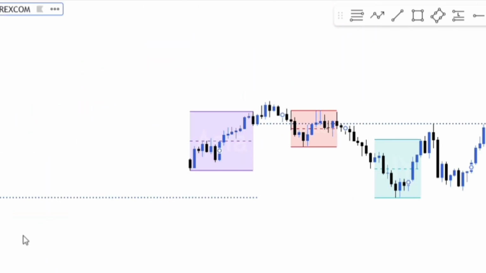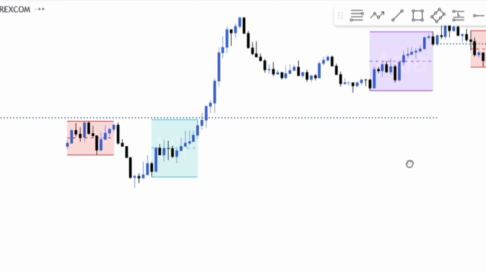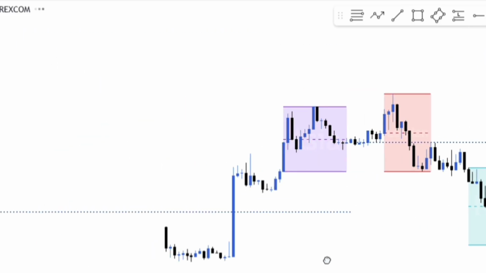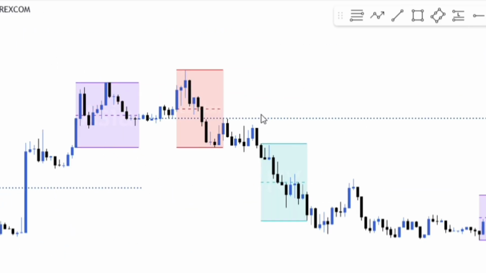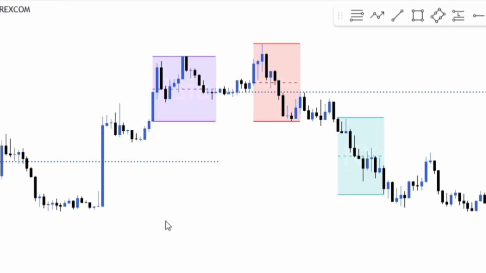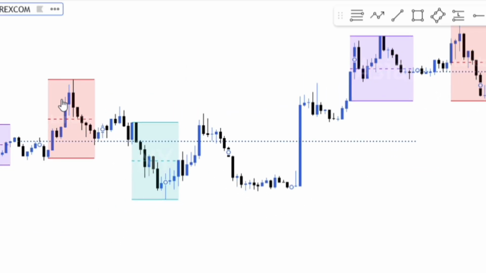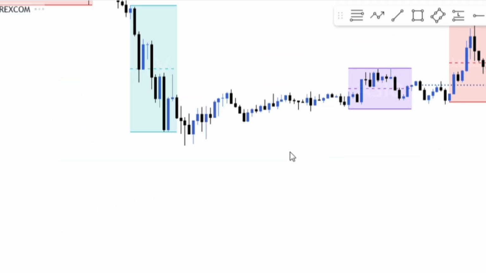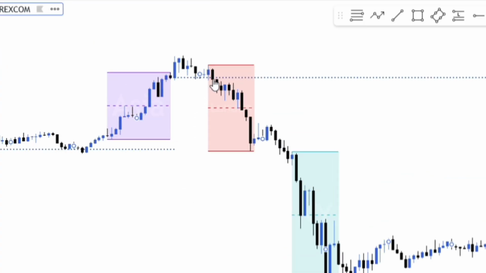Once you have the indicator set already, you'll be seeing everything about it. Asian, London sweep, New York expansion, Asian, London sweep, New York expansion, and so on and so forth. Okay, let's continue.